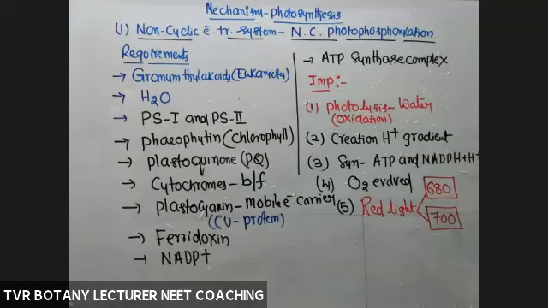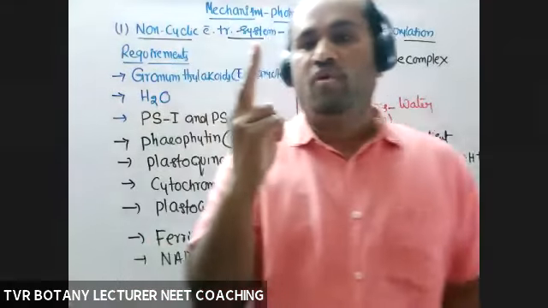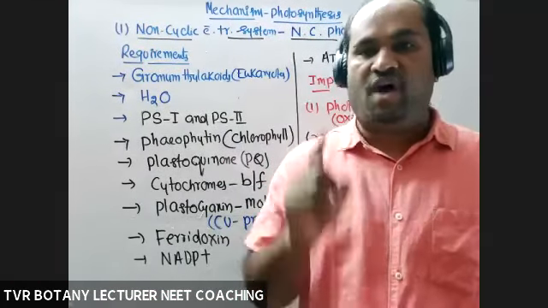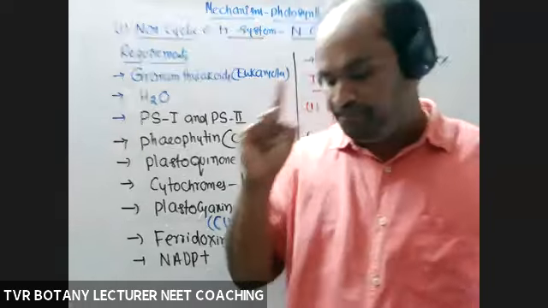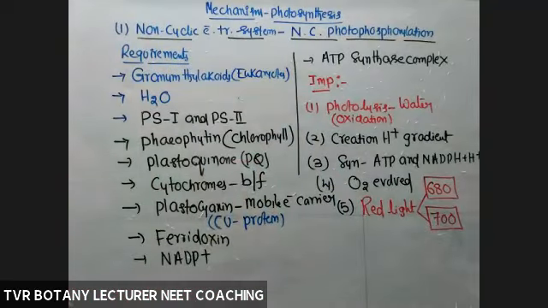So here, during the non-cyclic electron transport system, two types of photochemical reactions are taking place. One is run by the shorter wavelength of red light, the other by the longer wavelength of red light, 680 and 700. So these are the requirements of the non-cyclic electron transport system.